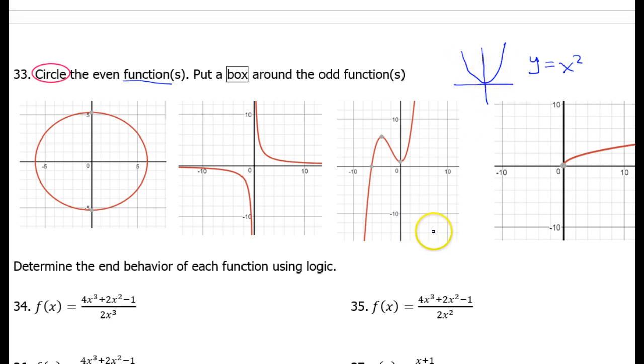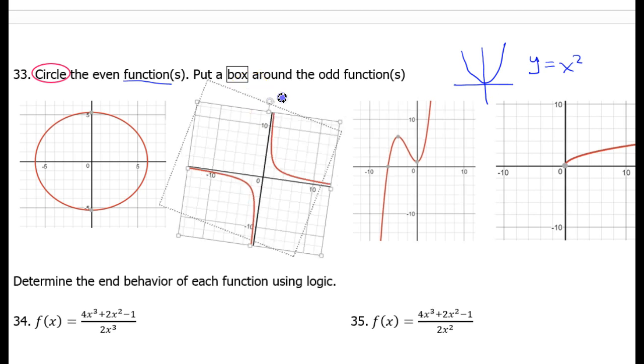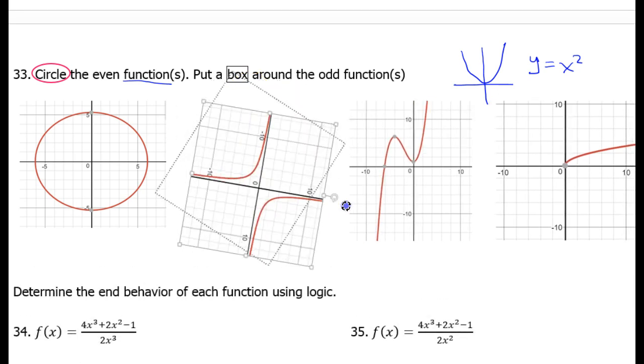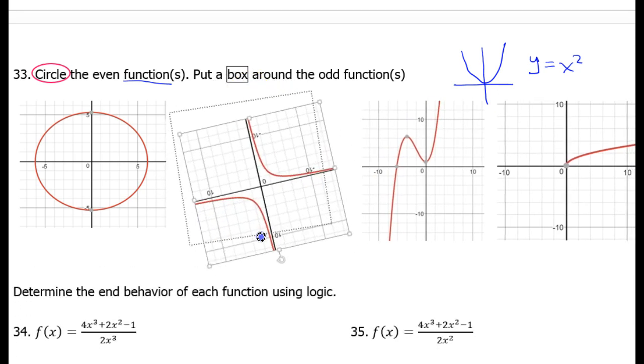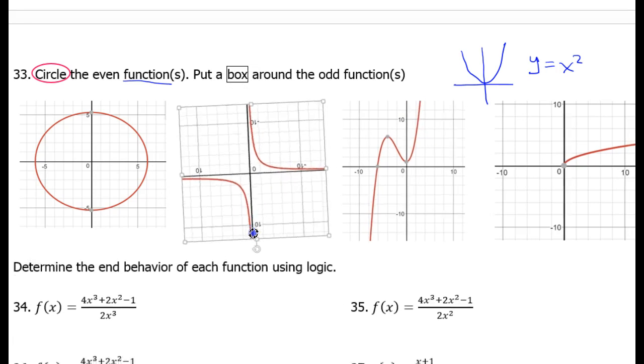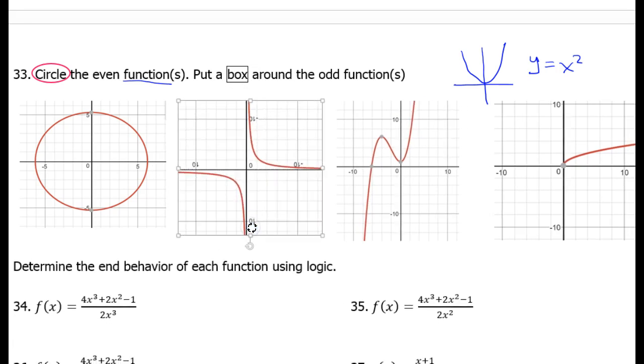You will have an odd function if you could turn it upside down and it still looks the same. For example, maybe I'll go out of order and I'll jump to this one. This is a perfect example of an odd function, because if I were to grab this and turn it upside down, I like how it's nudging the other graphs out of the way, you can see that it still looks the same as it did before.